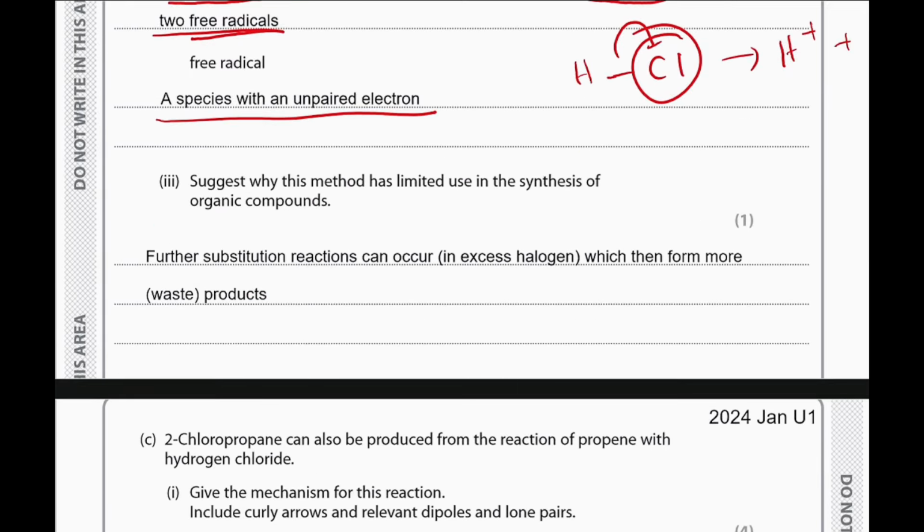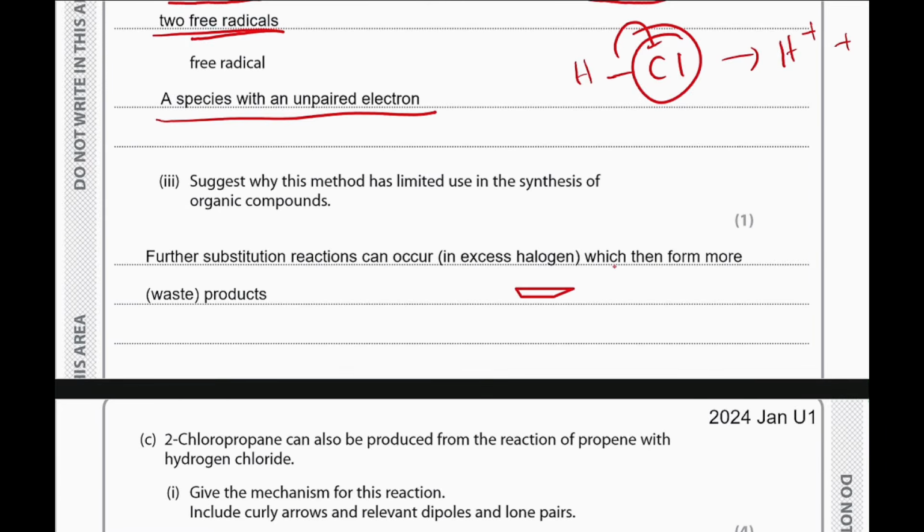Next part suggests why this method has limited use in the synthesis of organic compounds. Further substitutions can occur in excess halogen, which forms more waste products. After the main reaction has taken place, further reactions might take place if the amount of halogen is in excess.